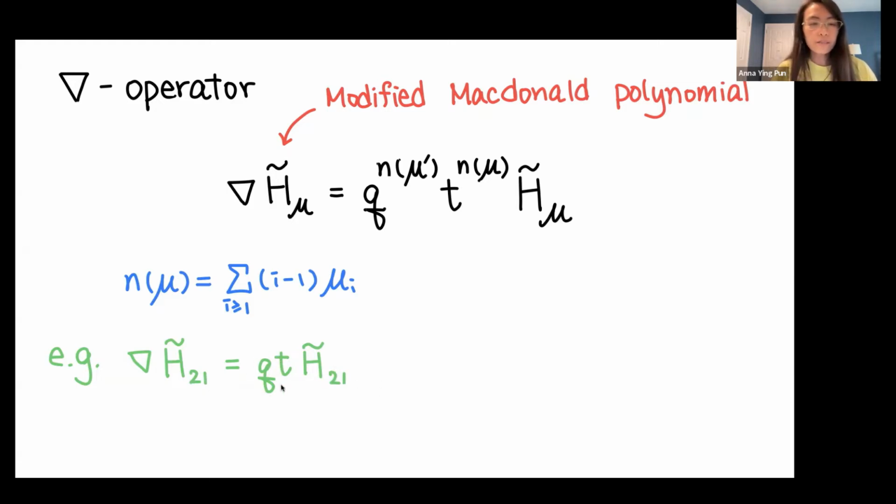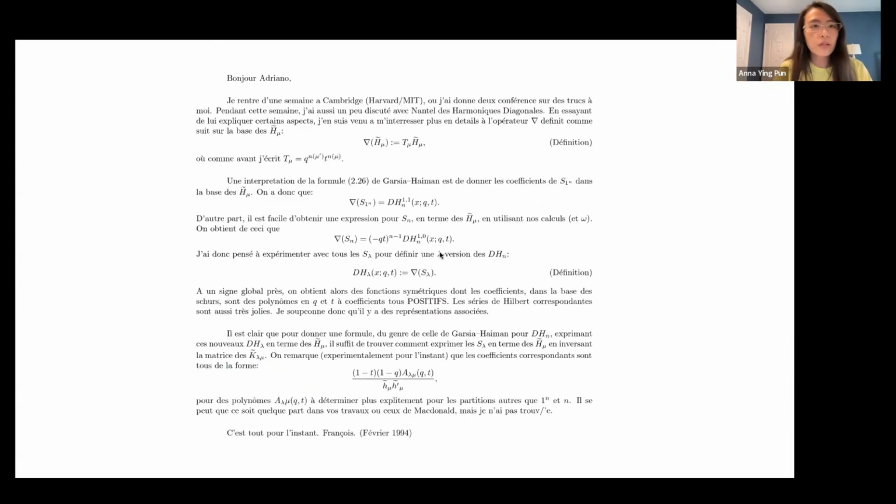And then the eigenvalue is QT, just because when you draw the shape (2,1), the only thing you can put in is 1 and 2 zeros, so you add up to 1, even if you conjugate it. So that's that. You can think of the Nabla operator as just an eigenfunction with the Macdonald polynomial as the eigenvector, and some power of Q and T as the eigenvalue.